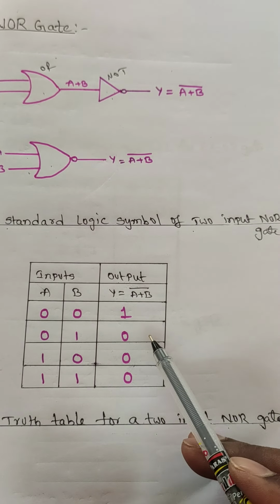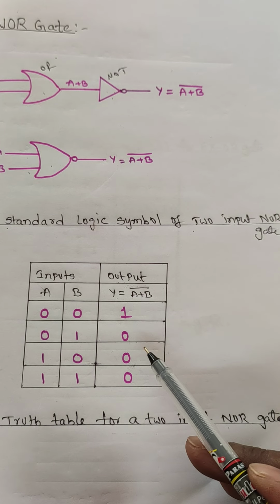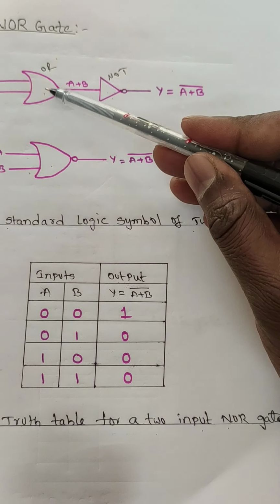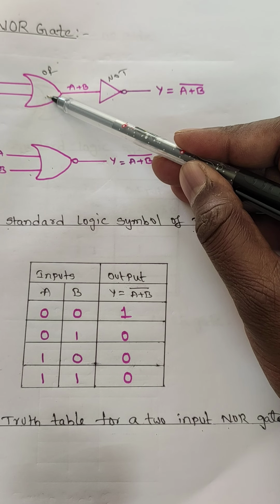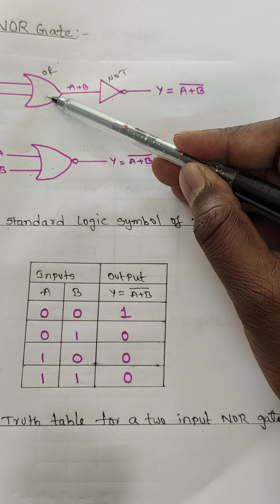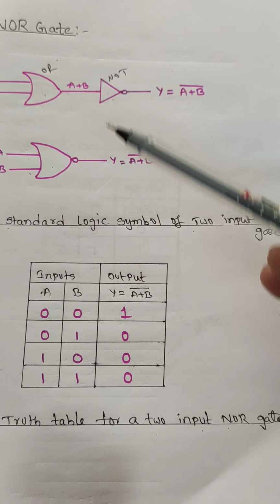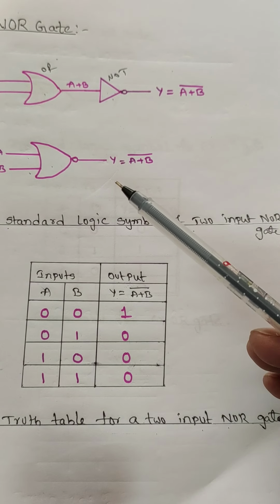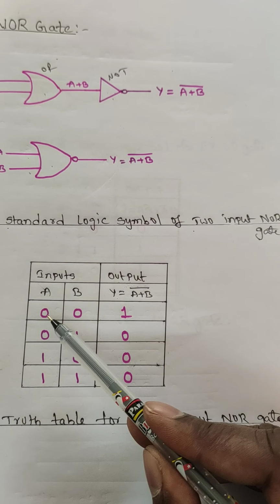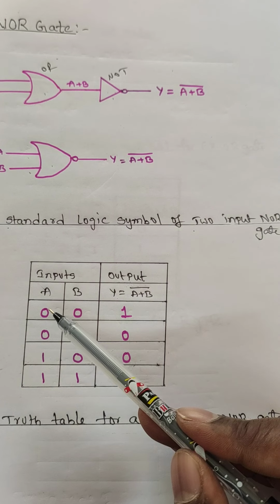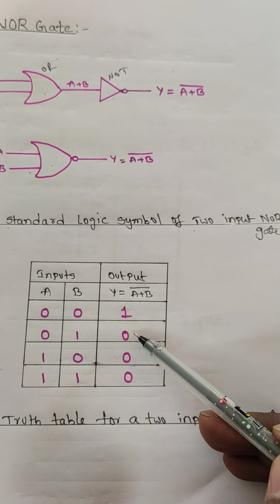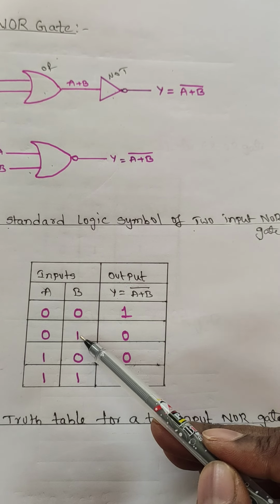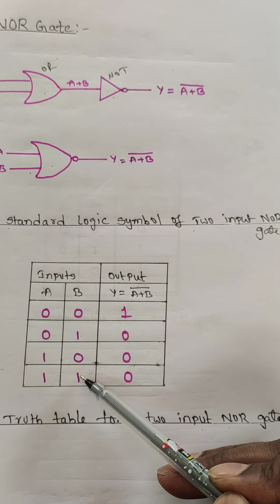The truth table of the NOR gate is developed by inverting the OR gate output. The OR gate output is inverted, the complement operation is performed, then we will get the NOR gate output. So we will read it like this: the output of the NOR gate is low if any one input is high or all inputs are high.